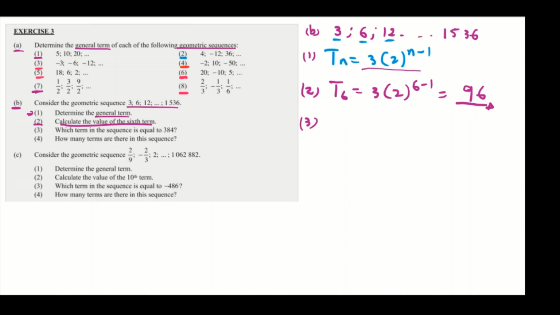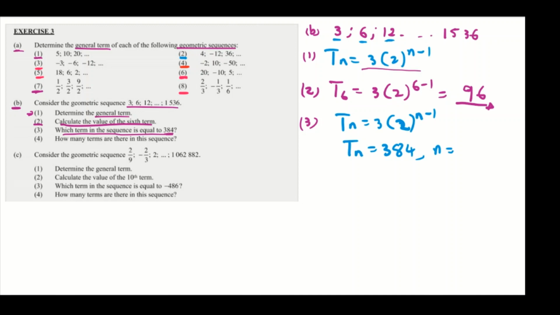And in the third part of the question, you are asked to find the term number that equals 384, right? So what this means is you have in your formula the general term as 3 into 2 to the power of n minus 1, and you are given that Tn is equal to 384.